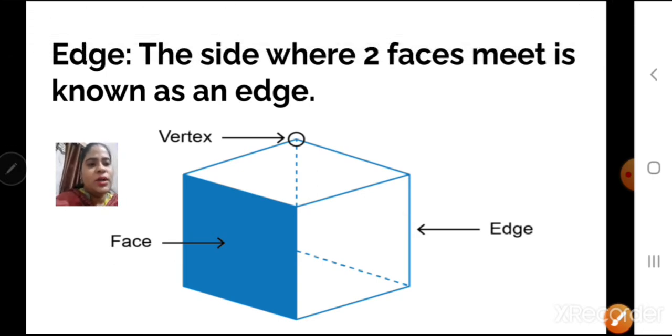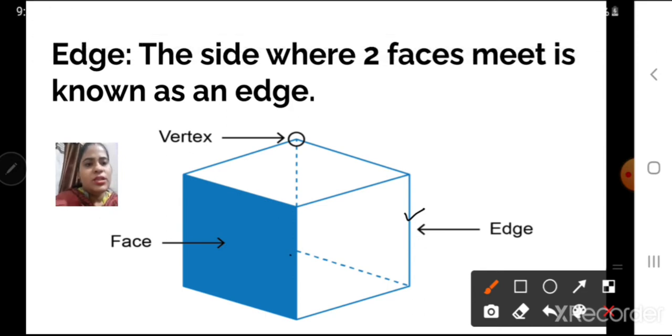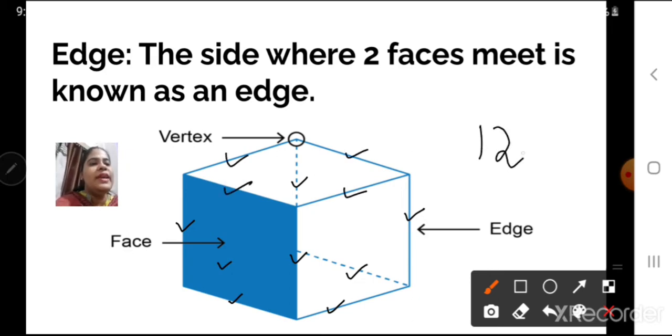One, 2, 3, 4, 5, 6, 7, and the back ones are 8, 9, 10, 11 and 12. So there are 12 edges in a cube. Like this we can understand how many edges or faces there are.